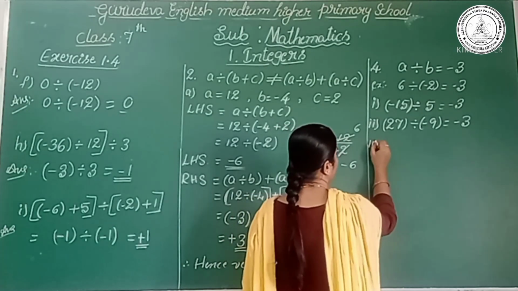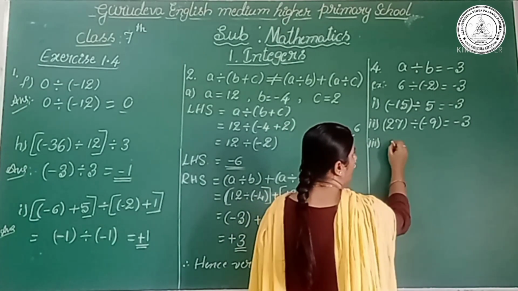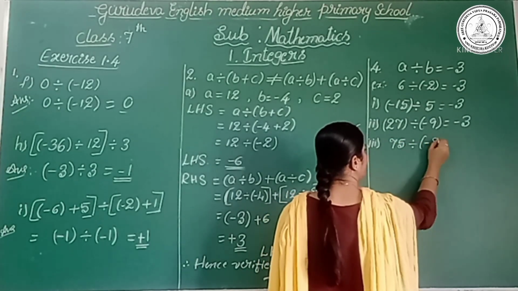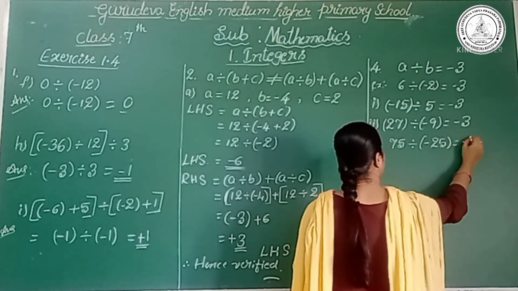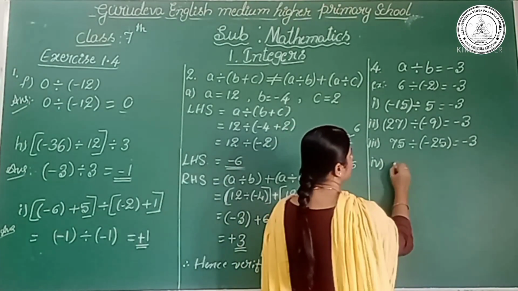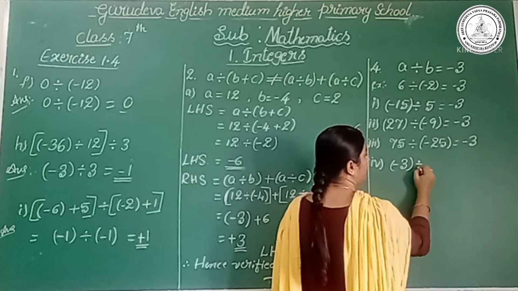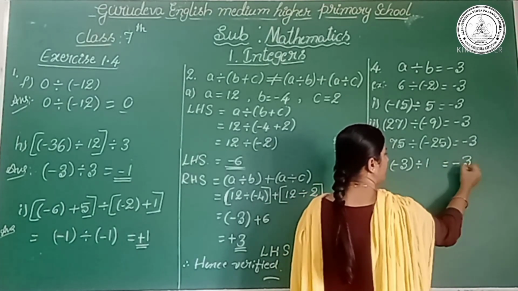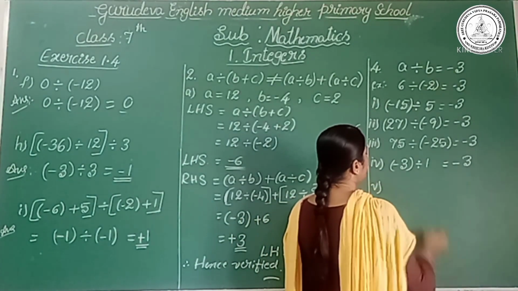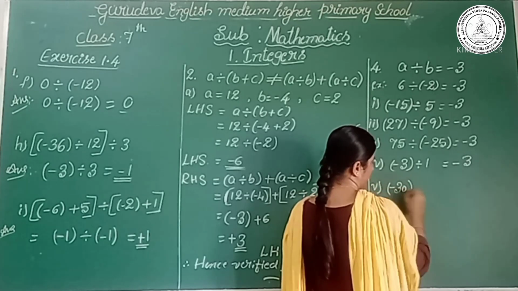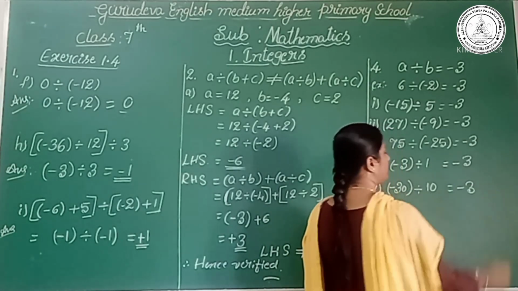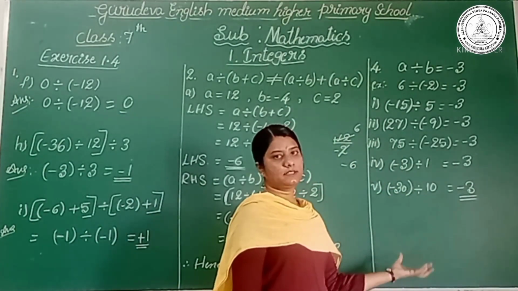Okay, then next, 75 divided by minus 25, which is equal to minus 3. Then you may take a very easy example, minus 3 divided by 1, which is equal to minus 3. Right? The last pair, what can we write? So minus 30 divided by 10, which is equal to minus 3. Right? So these are the 5 such pairs.